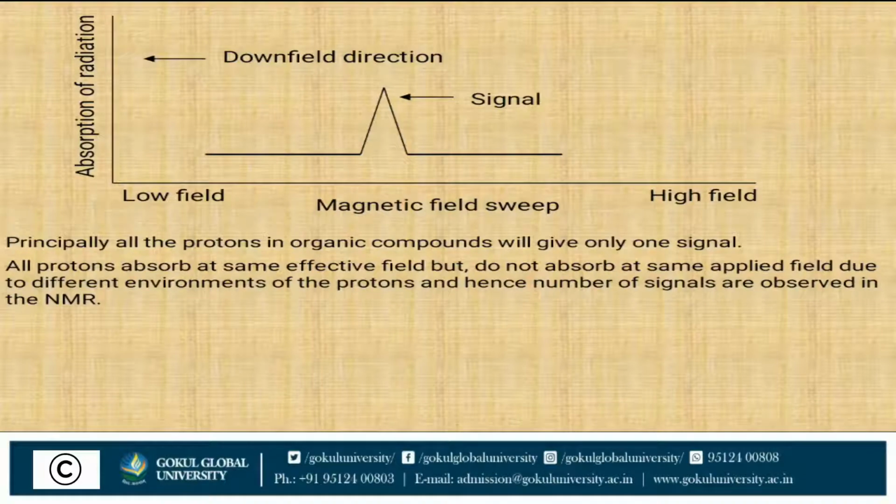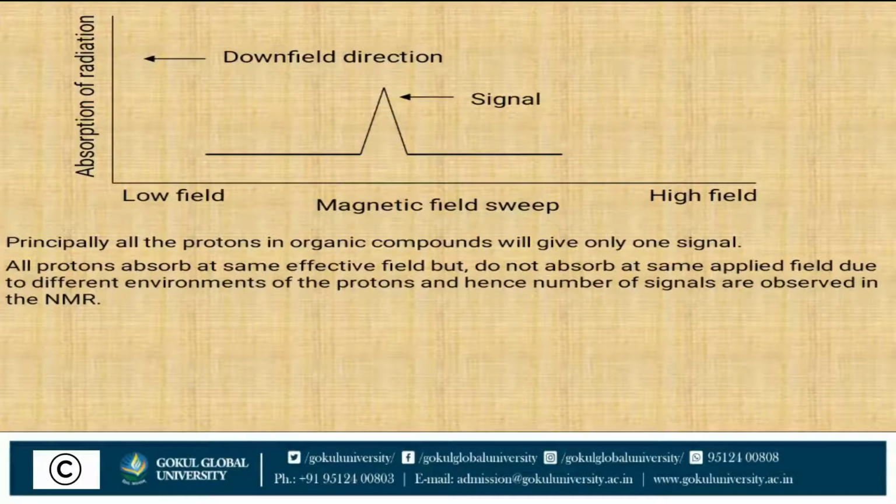How do we differentiate and determine the protons in the presence of a molecule? In principle, all the protons in an organic compound will give only one signal, in the downfield direction, by absorption of radiation in the magnetic field.